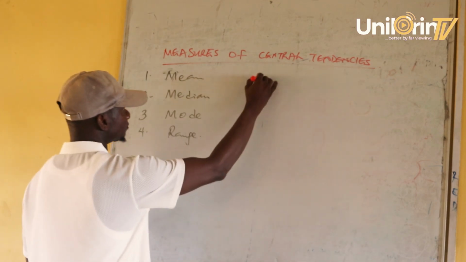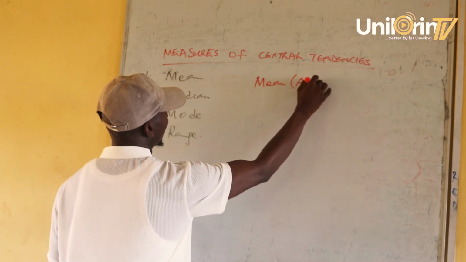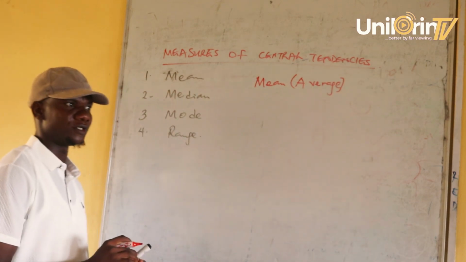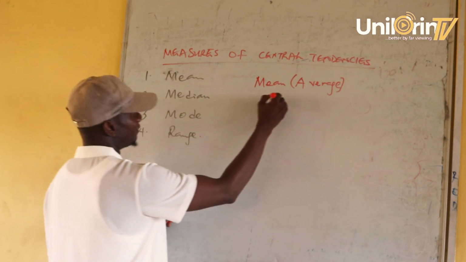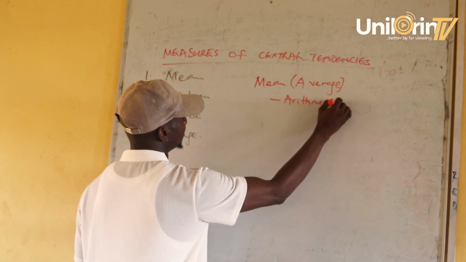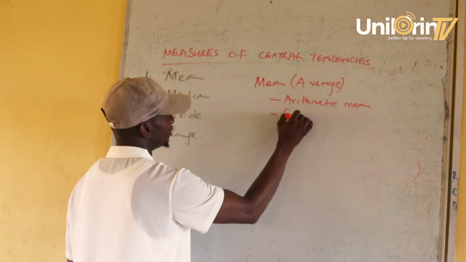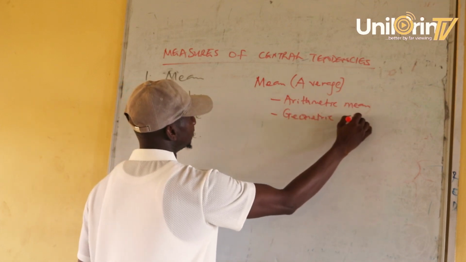The mean is a measure commonly referred to as average, and that is why we have some types of mean. We have the arithmetic mean, and then we have the geometric mean.